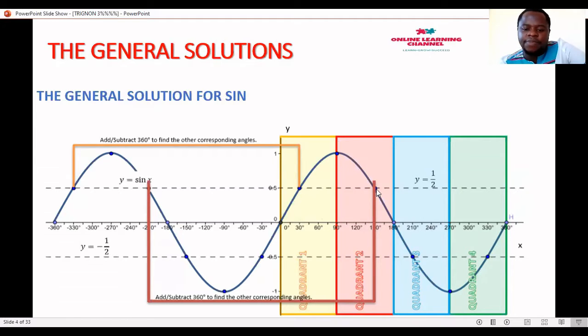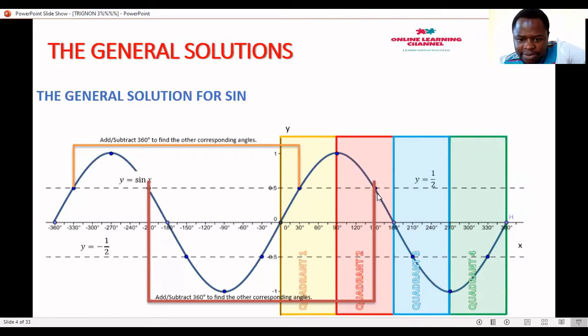So by general solution, we mean that, for example, suppose you've got y at 0.5. Here you will note that when y is 0.5, you've got different x values.